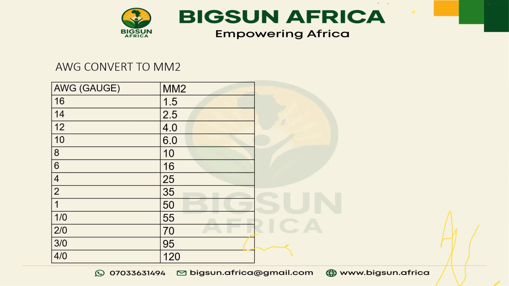Somebody should calculate now. 247.5 divided by 13.13. Our resistance is going to be 18.8 approximately.